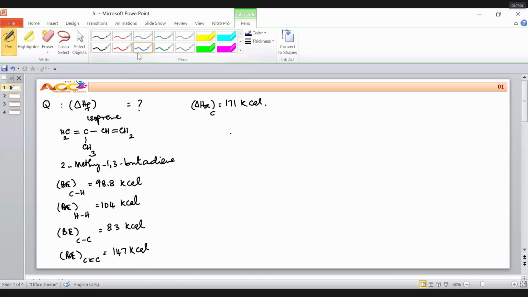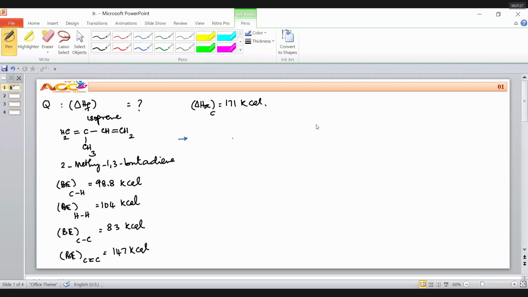If you want to solve the question, it should be done something like this. I said in the previous classes, whenever you want the formation of a substance, write the reaction in reverse manner. It's not a rule, but it is comfortable for you.